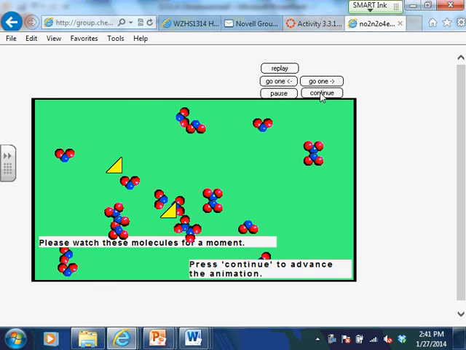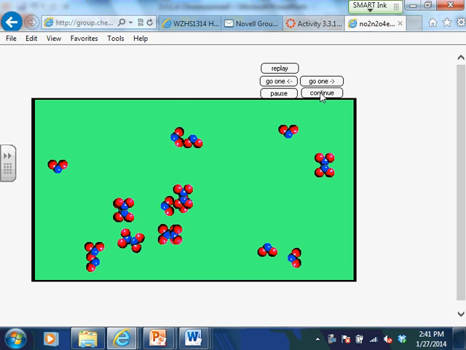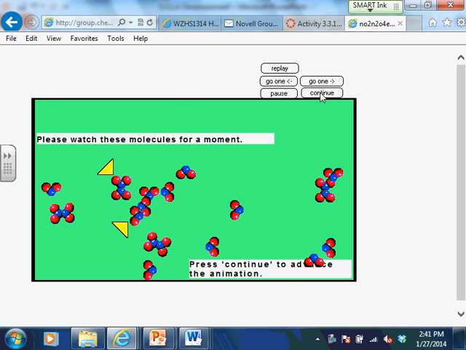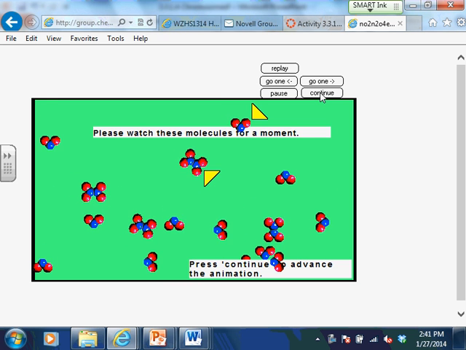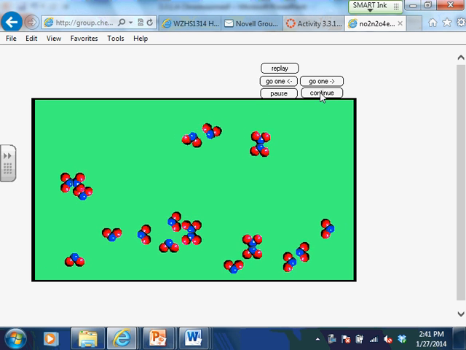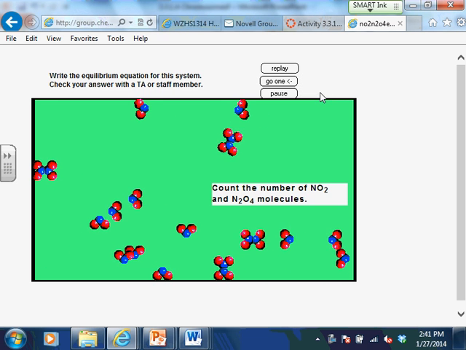They actually react here, okay? And then it says, please watch these molecules for a moment. Okay, so then it looks like we had some additional reactions occurring here. Okay, so basically you can see what's happening. You've got them basically breaking apart and reforming and breaking apart and reforming.